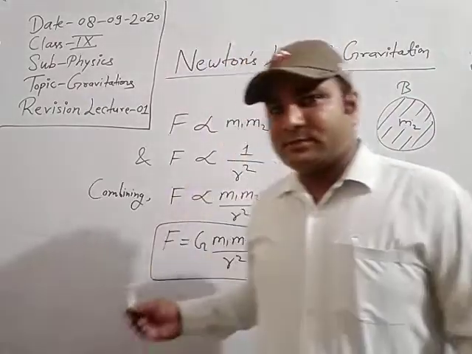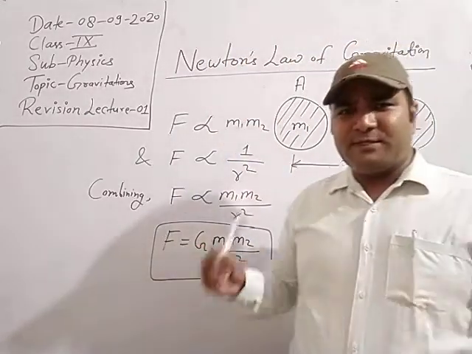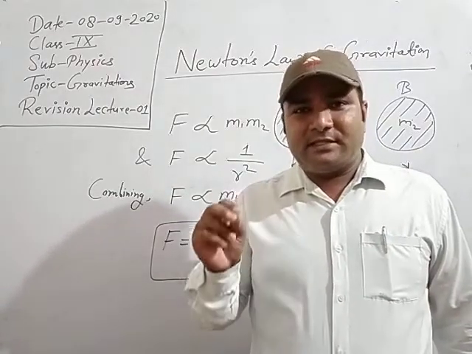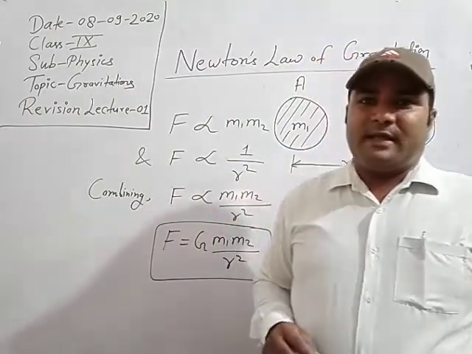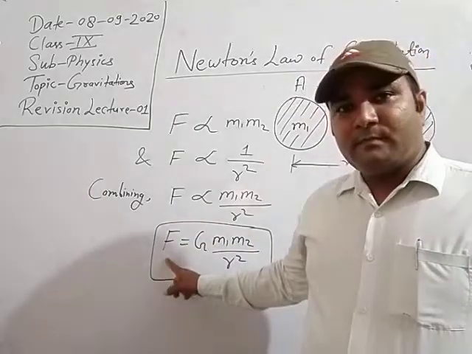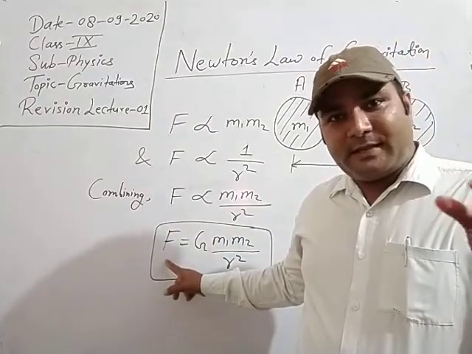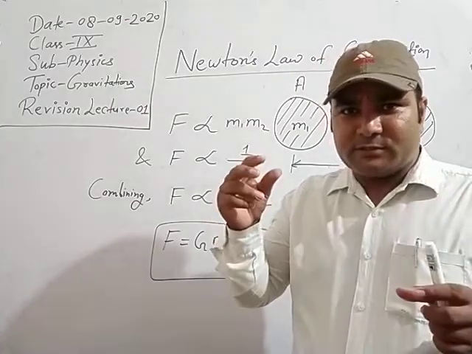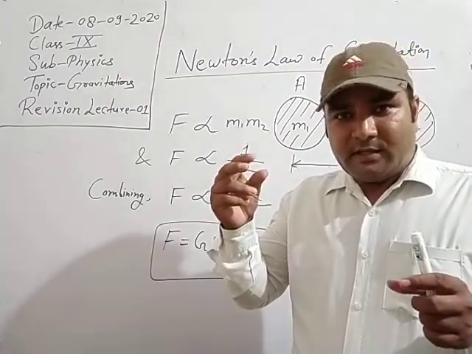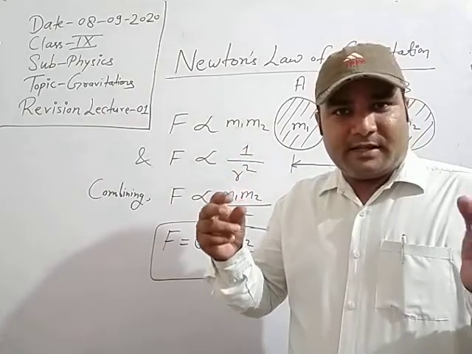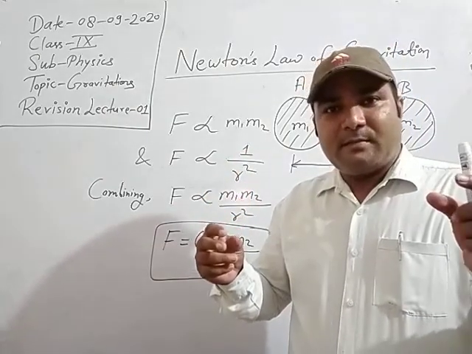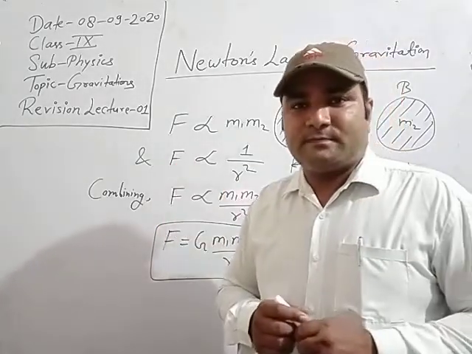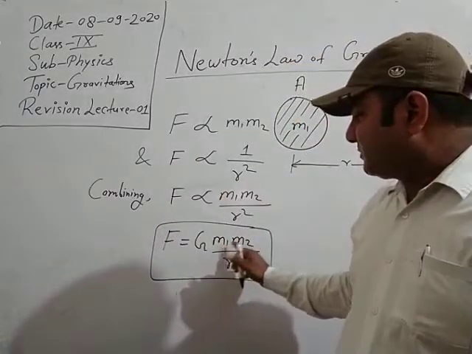It means this force acts between any two bodies in the whole universe, whenever they have some mass, they apply force on each other. The force applied by one body on another and the force applied by the other body on the first are always equal, because this force depends on the product of masses.